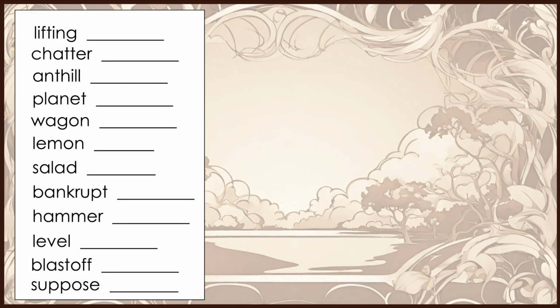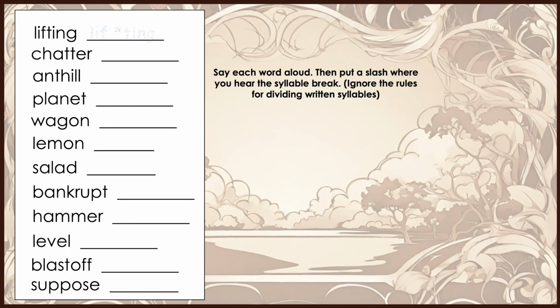So for example, if you say this first word, lifting, then you have a break between the F and the T, and that's usually how we say it, right? Lifting. If we were in a dictionary though, we would not be splitting the word between the F and the T. We would be taking off the ing. So it'd be lift, syllable break, ing. So this is that maximal onset phenomenon.